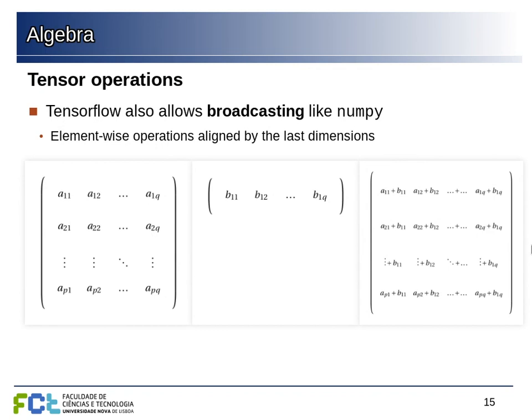We can also use broadcasting in TensorFlow like you did with NumPy. So this is a different type of operation. It's not the usual algebra matrix multiplication, but you can do element-wise operations and broadcast them as long as the last dimension or the last dimensions match between the 2 tensors.